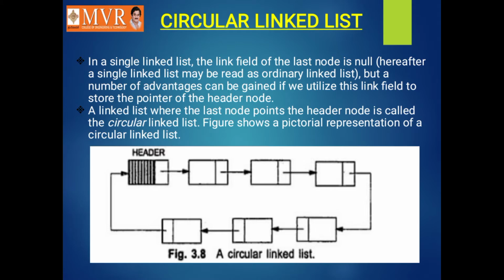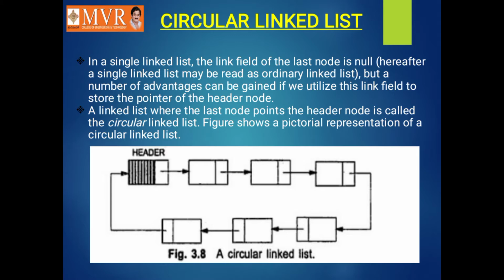See, in a single linked list, the address field of the last node will be null, indicating that it is the last node in the list. If we place the node address of the first node in this field, then we can create a circle or a chain and we can gain a lot of advantages.